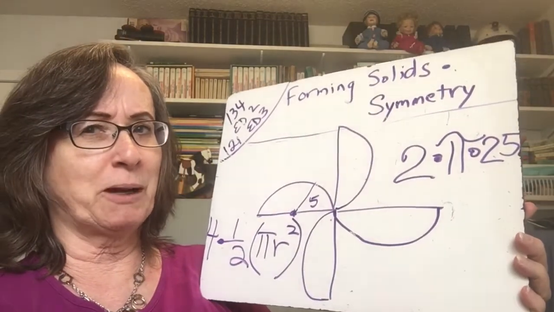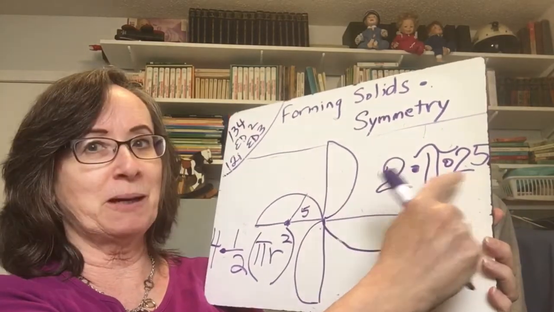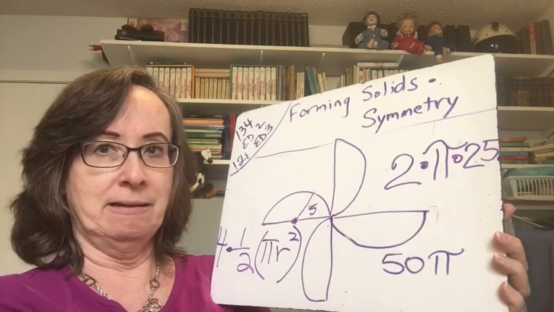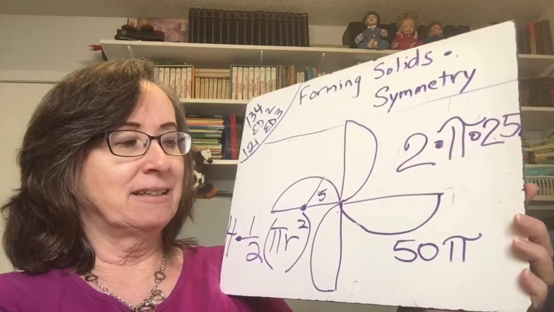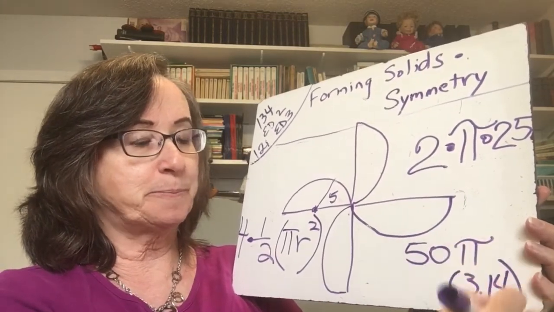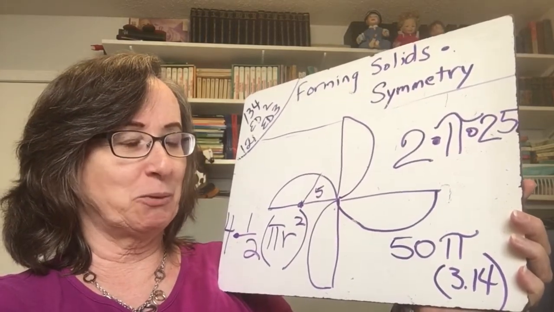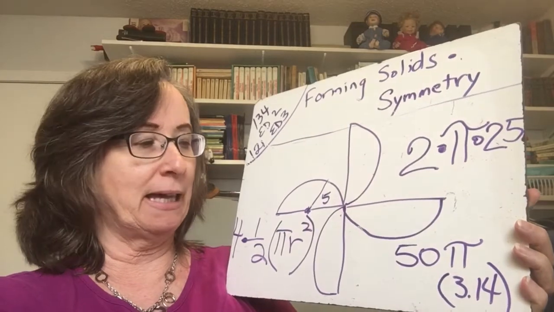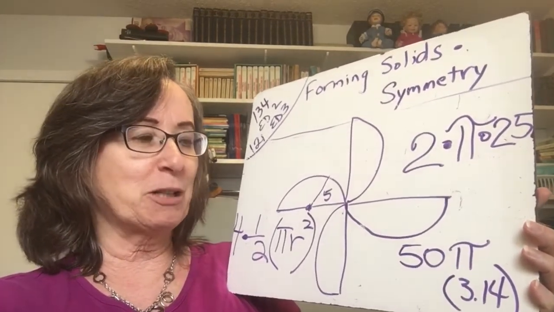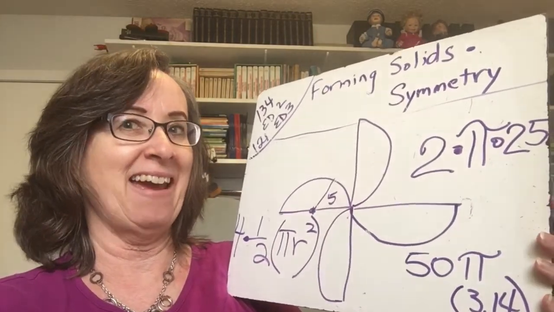Now, there's a real quick way we can do this math, because we have 2 times 25 is 50 pi, and pi is 3.14. Okay, now let's see if you can follow this quick little way of doing it. Instead of multiplying 50 times 3.14, what if I multiply 100 times 3.14 and then cut it in half?